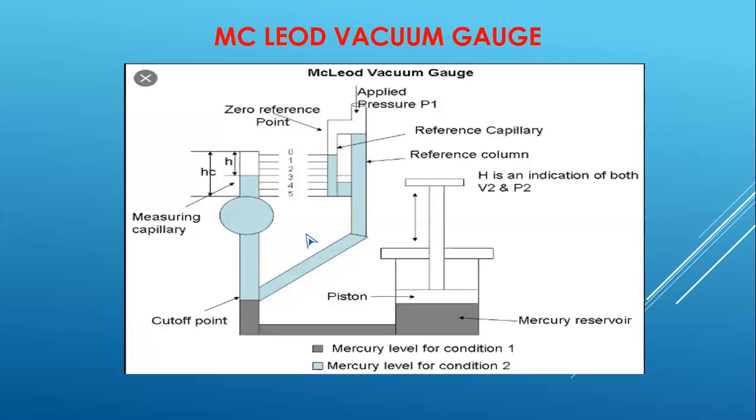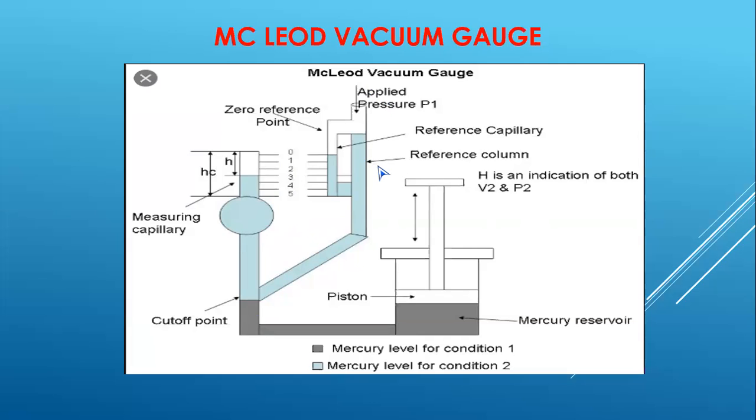Then observe the reading: the mercury level at 0, the volume is V1 and pressure is P1. Then allow the negative pressure to flow in this direction. See the mercury level in the measuring capillary, compare with the reference capillary, and see what the negative pressure is.